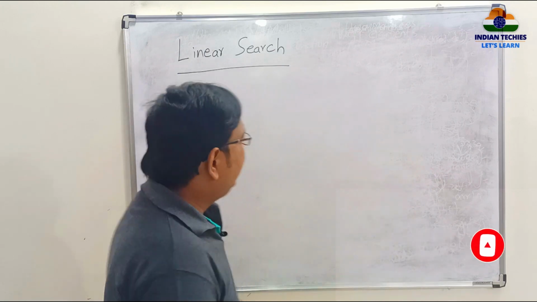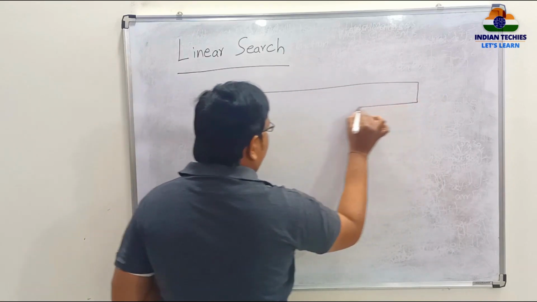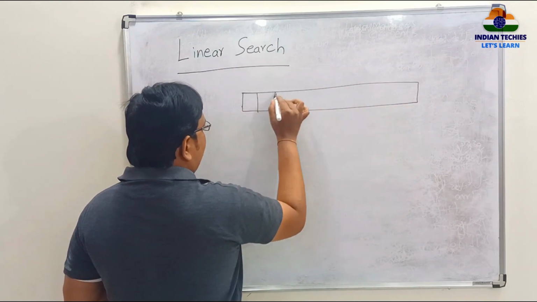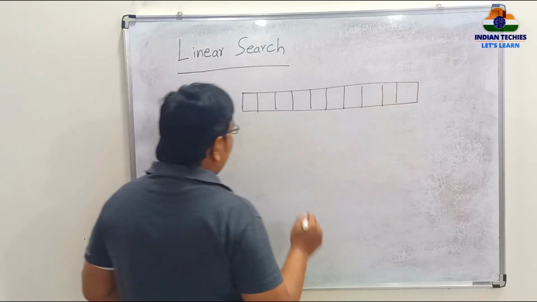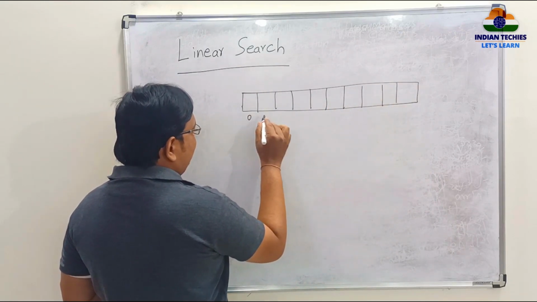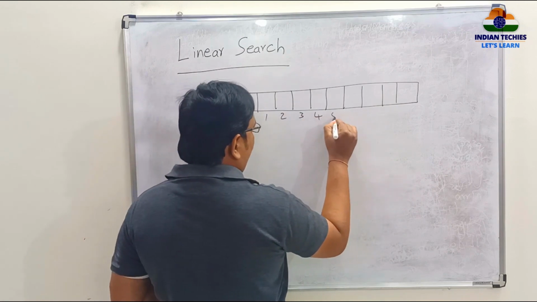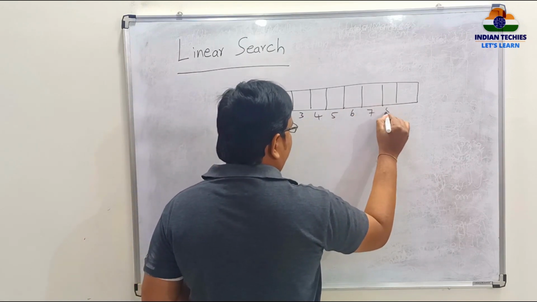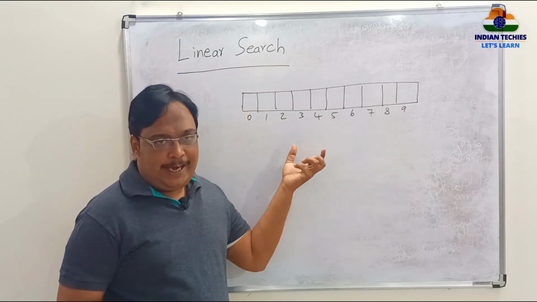For example, let us take a list of integers. I am taking an array of size 10. The index positions always start with 0, then 1, 2, 3, 4, 5, 6, 7, 8, 9. Now, this is an empty array.